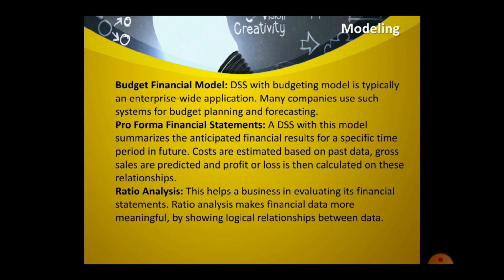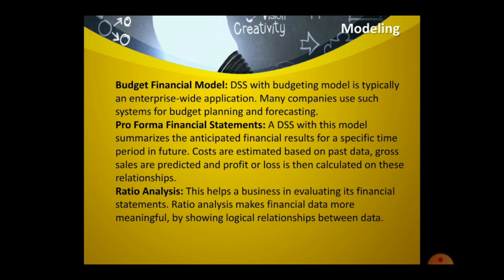Budgeting financial model. A DSS with a budgeting model is typically an enterprise-wide application. Many companies use such systems for budgeting, planning, and forecasting. Pro forma financial statement: a DSS with this model summarizes the anticipated financial result for a specific time period in the future.